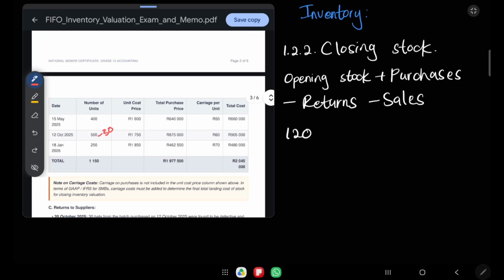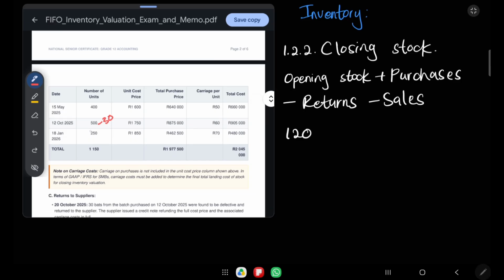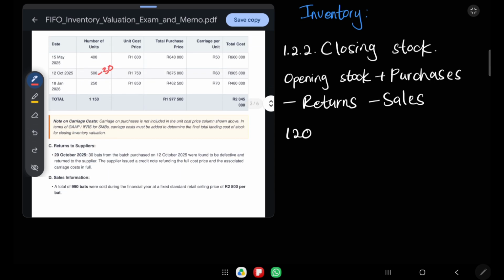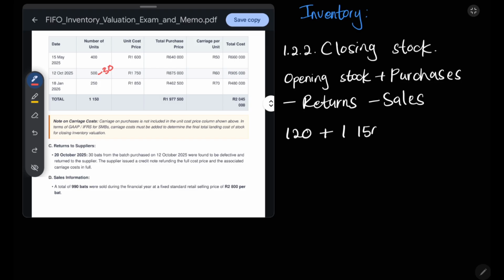Then we had our purchases. Let's look at our purchases. Here, total units are 1,150. So we can use that figure. It's given to us under the purchases. Remember, information B is that information. We have a total of 1,150 purchases.